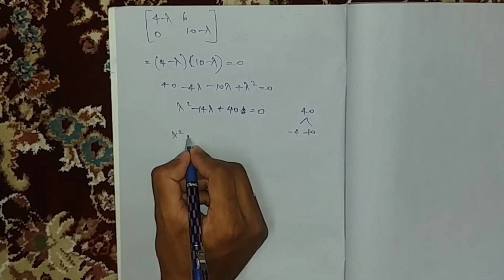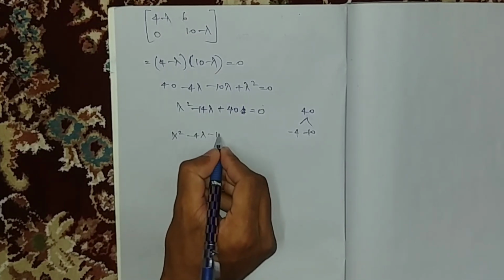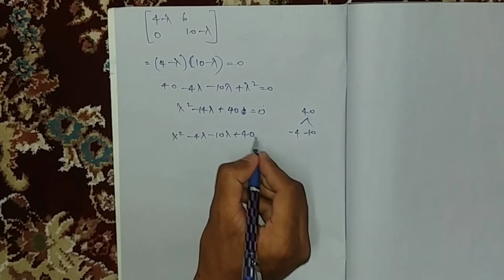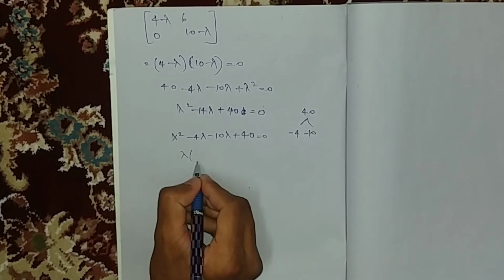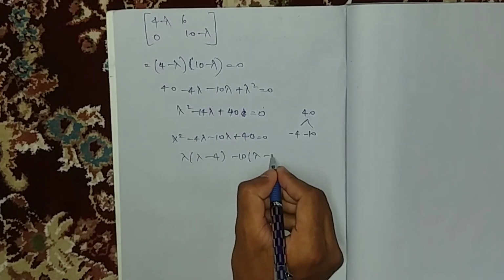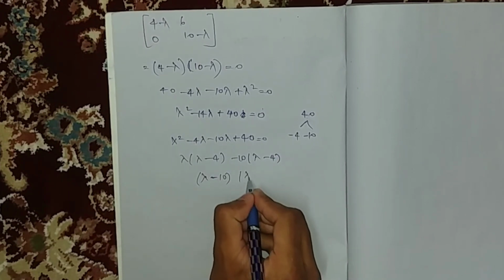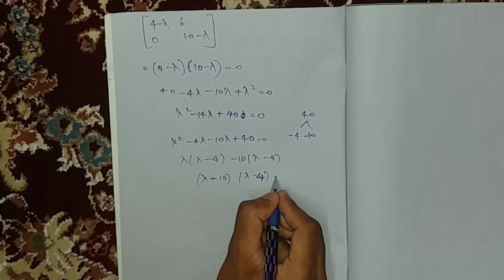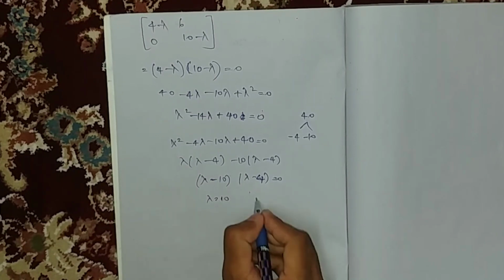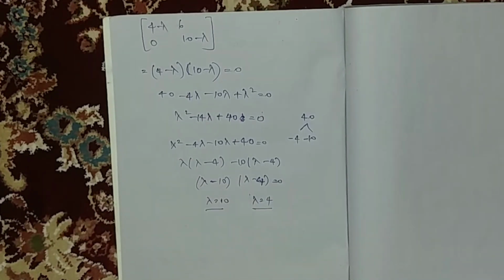So lambda square minus 4 lambda minus 10 lambda plus 40 is equal to 0. So lambda will be common, lambda minus 4, 10 common, lambda minus 4. So lambda minus 10, lambda minus 4 is equal to 0. So lambda is equal to 10, lambda is equal to 4. We got the two eigenvalues of the equation.